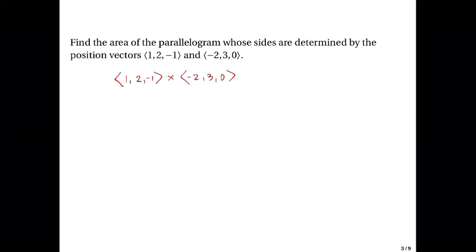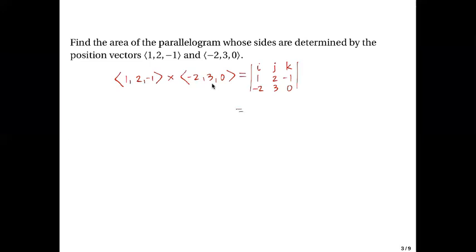You can do the determinant of the 3 by 3 matrix whose first row is i, j, k, second row is the first factor, 1, 2, -1, and the third row is the second factor, -2, 3, 0.